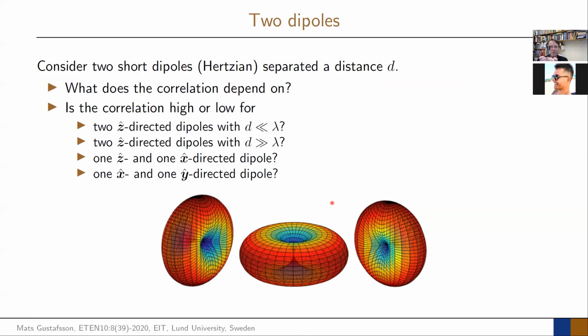So if I put two dipoles very close like this, they are highly correlated, and they don't work well in a MIMO system. If I put them further away, so I start separating them, it doesn't even have to be much greater than lambda, like half a wavelength or so apart from each other, they start seeing a different world.